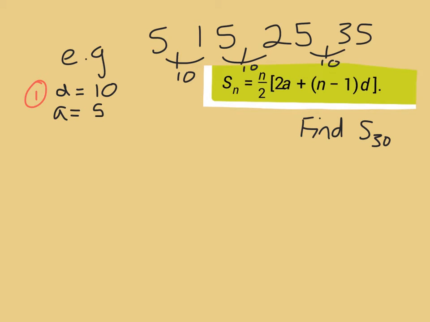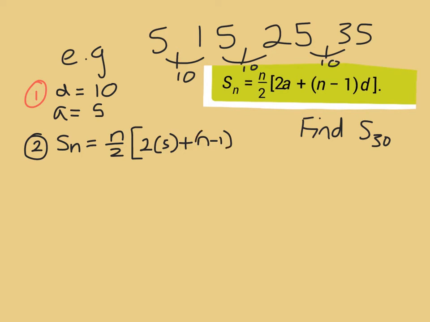We have our formula here, and it's always good to write that out. So in step 2, we're going to substitute the D and the A into that formula. So I have Sn equals n over 2, 2 by 5 plus n minus 1, and then my D is going to be 10.